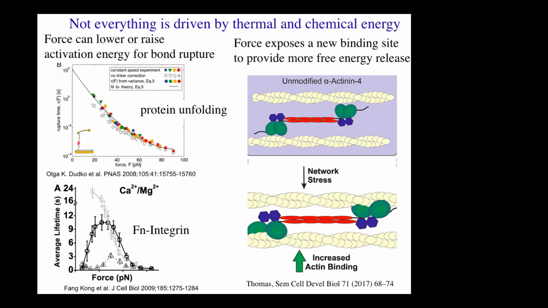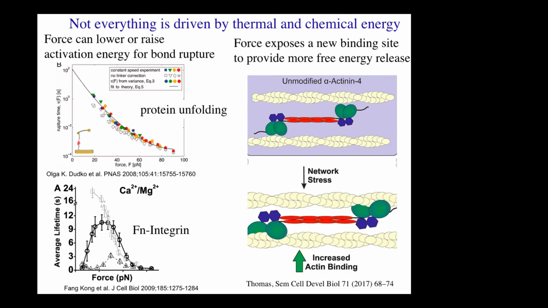So alpha-actinin 4 is that red and green dimerized thing in the middle, and it has these two greenish binding sites, only one of which can contact the kind of tan-colored actin filament in the absence of force. It'll cross-link because 2 of those green balloons will stick to actin.